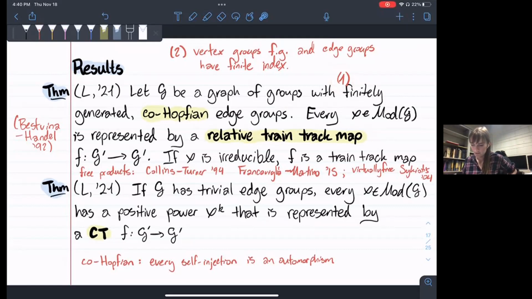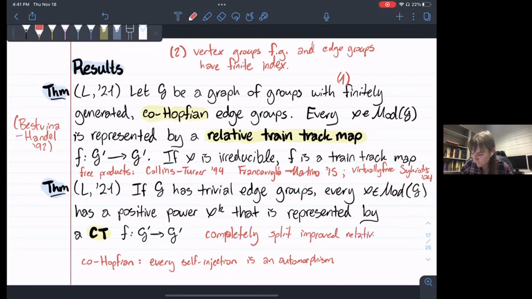Okay, great. So my other theorem, which I don't think I will tell you much about today, is that if your graph of groups has trivial edge groups, so that means your fundamental group is a free product, then every outer automorphism that has a topological representative has a positive power that is represented by a particularly nice kind of relative train track map called a CT. CT stands for completely split, I think improved, relative train track map.